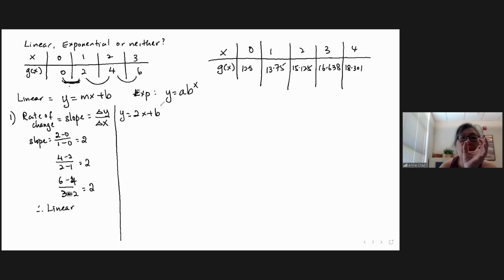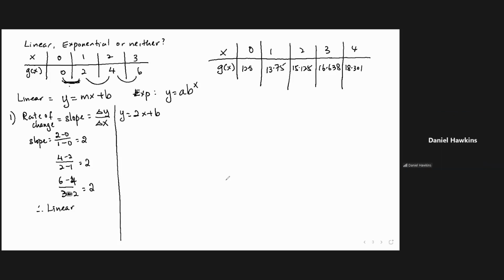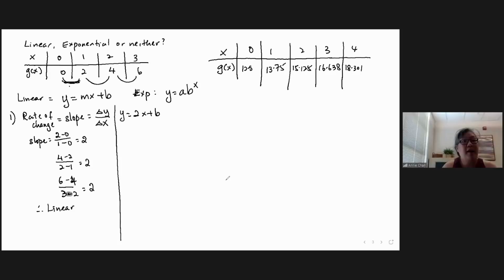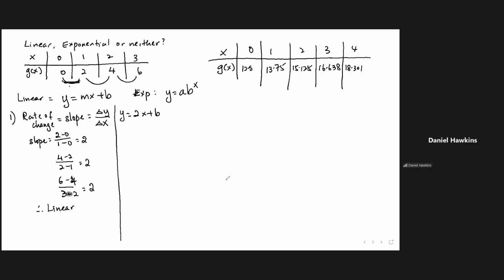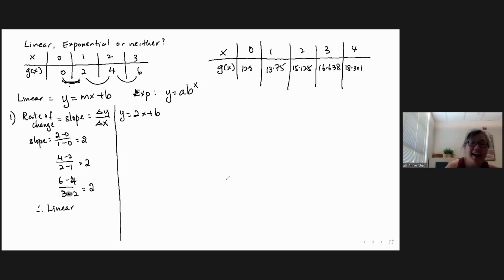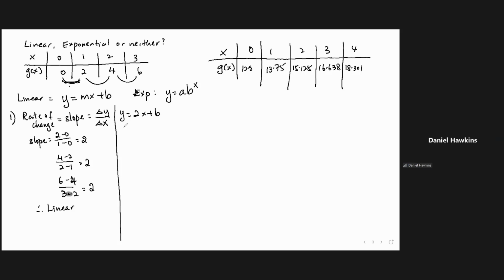Is there a specific point that we need to put in, or can you choose any point from the table? It's just any set of points. Obviously, you have to have one x and one y that are the same input to output. You wouldn't be able to use 3 as x and 0 as y because those aren't the numbers. So which point do you want to use? 1 and 2, I guess. Okay.